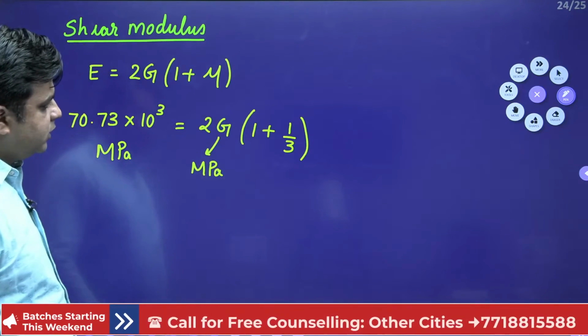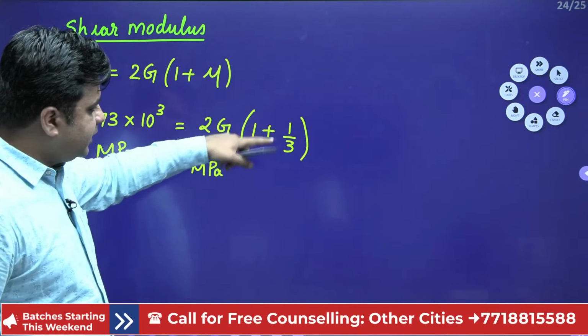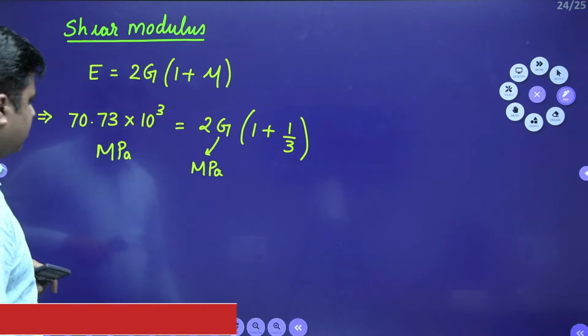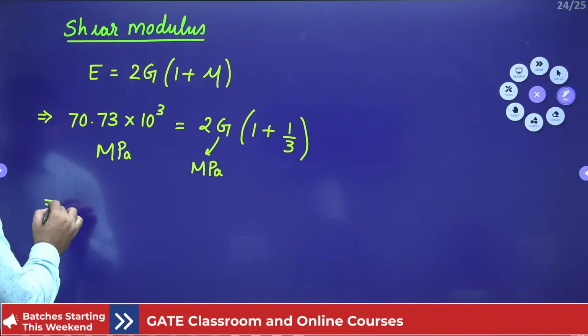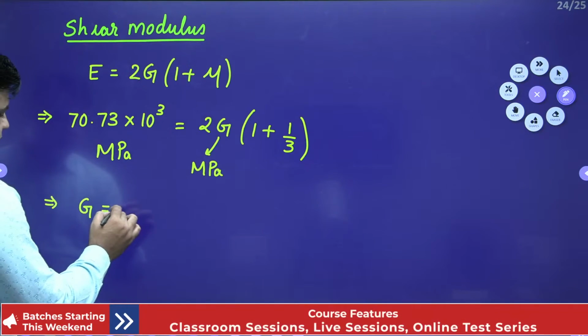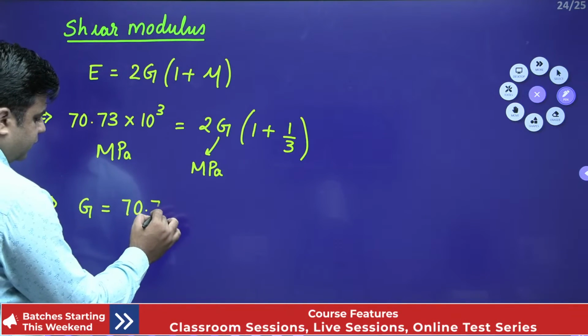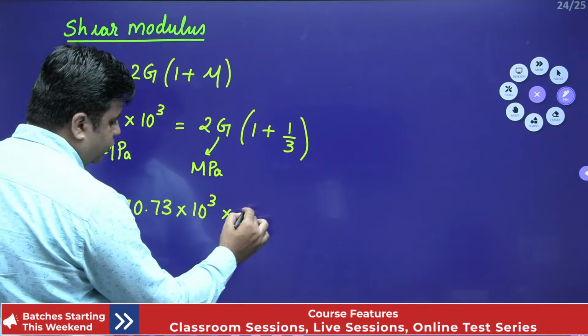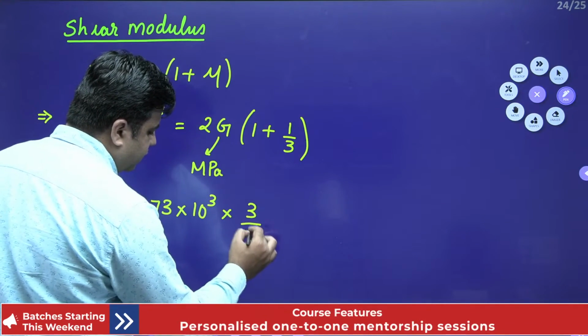Just do the calculation. So this is 4 by 3, and 4 by 3 into 2 is 8 by 3. So G is equal to 70.73 into 10 raised to power 3 into 3 by 8.